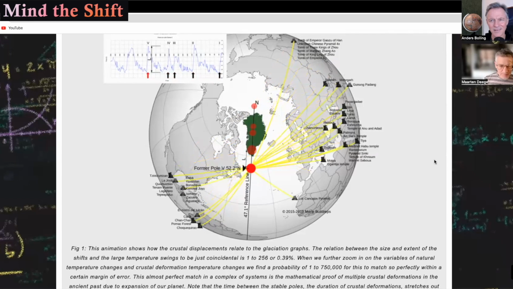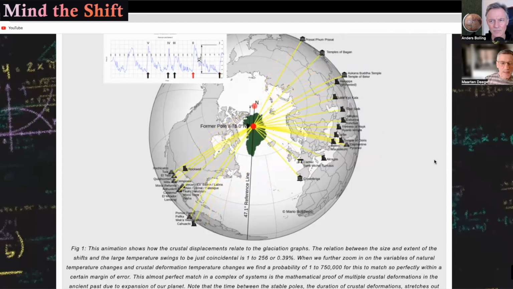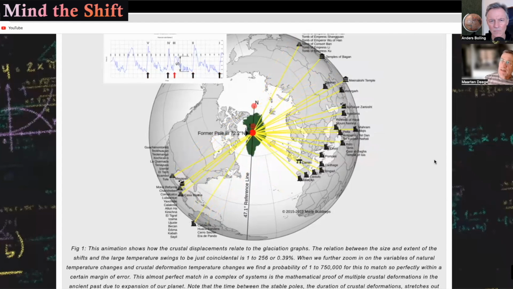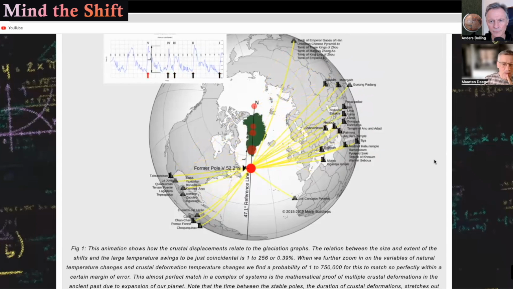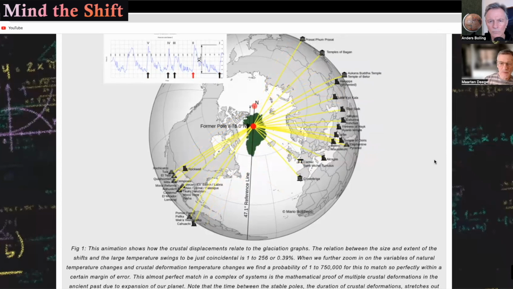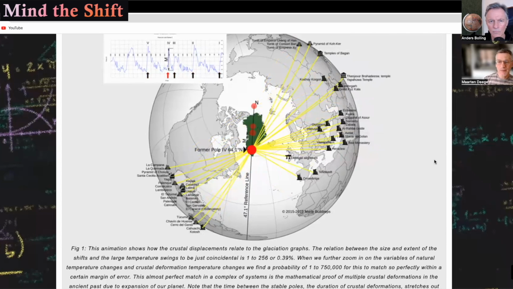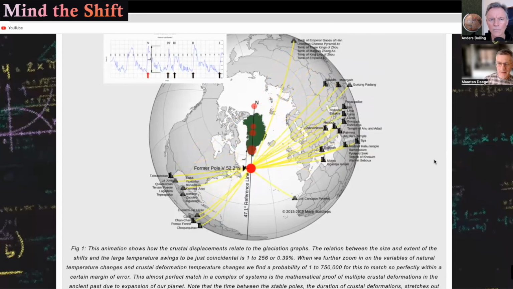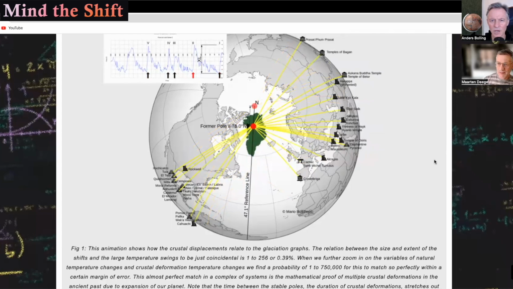To come to expansion, I have to explain a little bit more about the probability that these two patterns match onto each other, because the graph on the top left comes from the South Pole. And the South Pole, now this is interesting, has not moved.